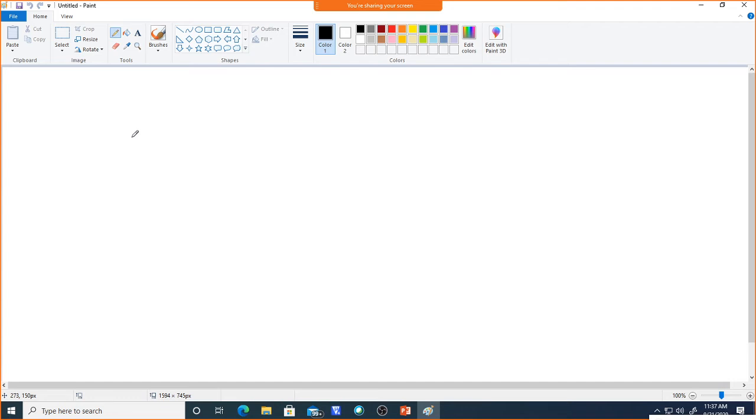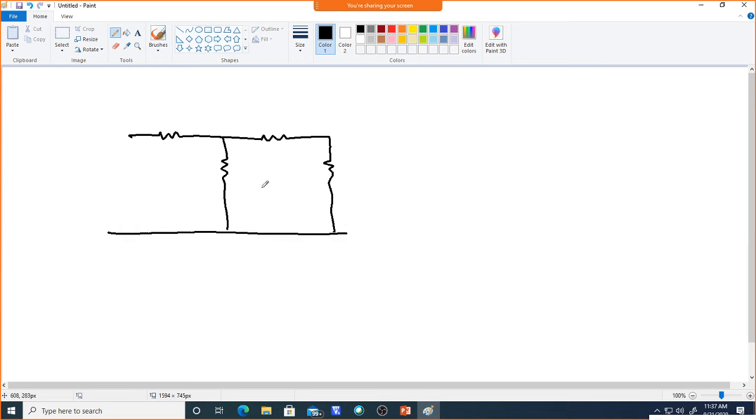So if I take this, this is 141.8 and this is 8.56 and this is 50, this is 8.56.